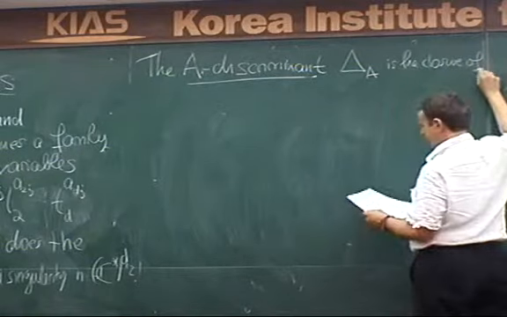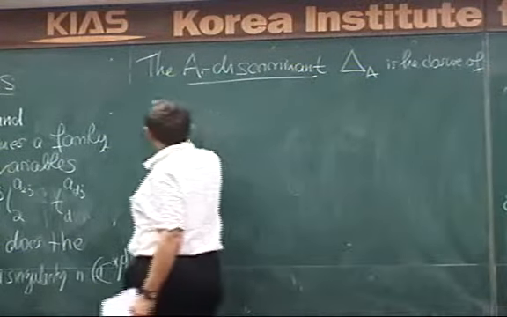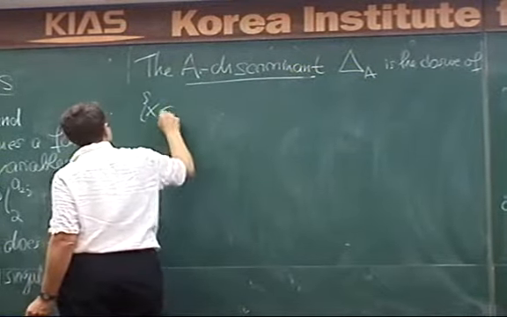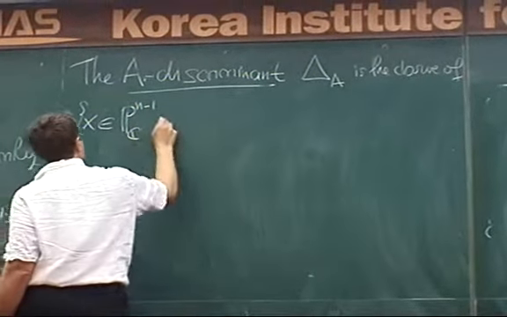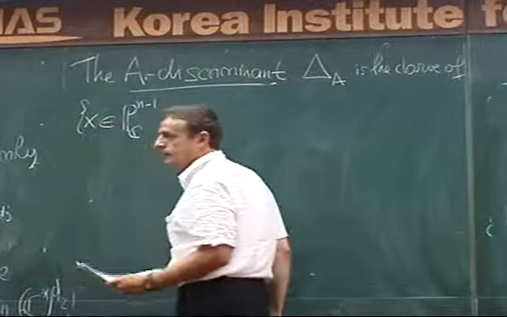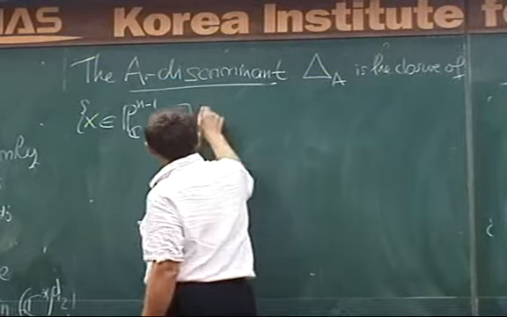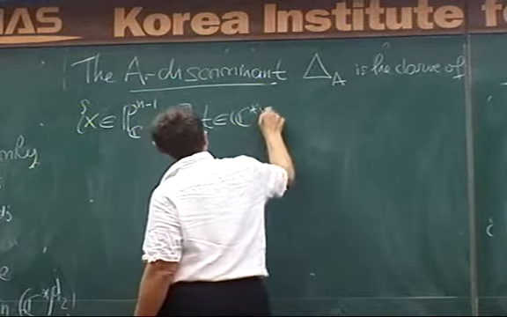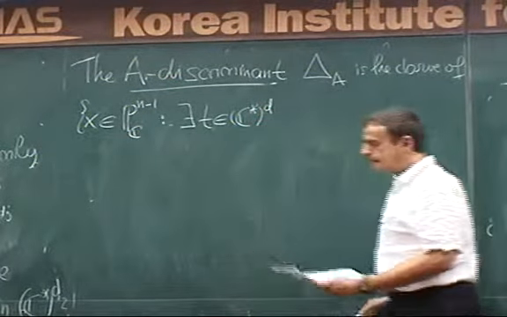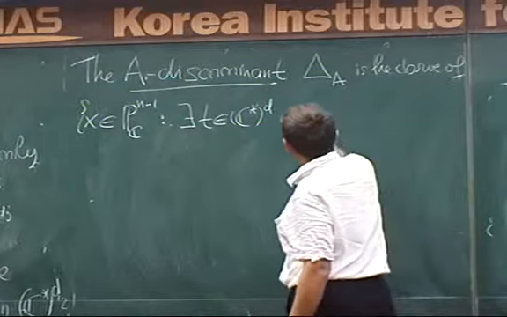of the following set, of the set of all points x in projective n-1 space, such that there exists a t in (C star)^d that is a singular point on this hypersurface.